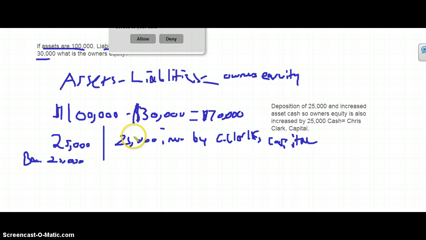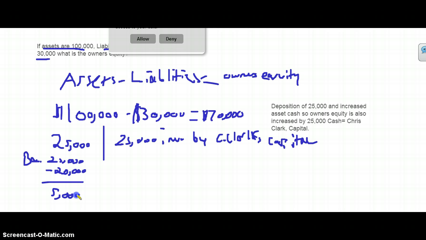I'm just going to cut off from the top, and then we will subtract 20,000 because it says he exchanged cash for land in that amount, and then we get a balance of 5,000.